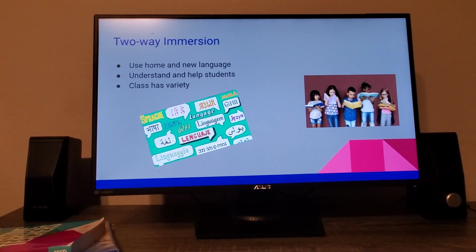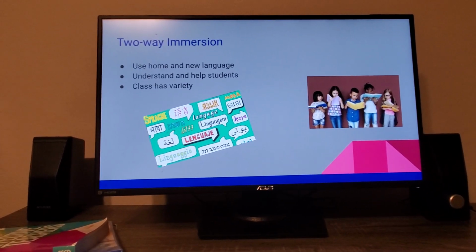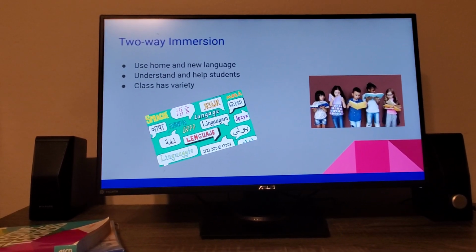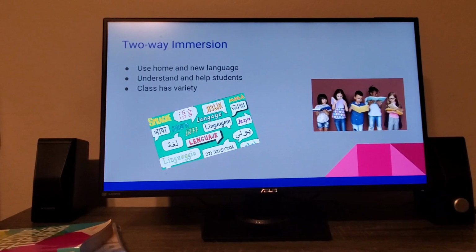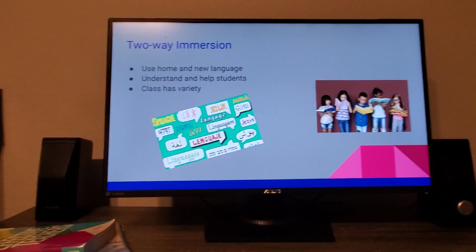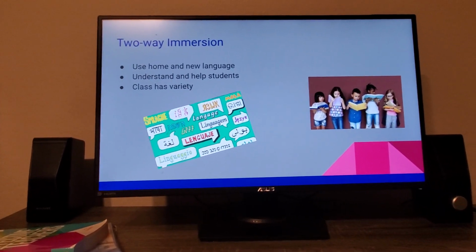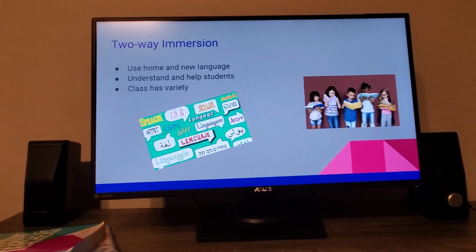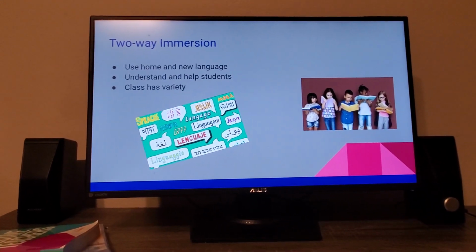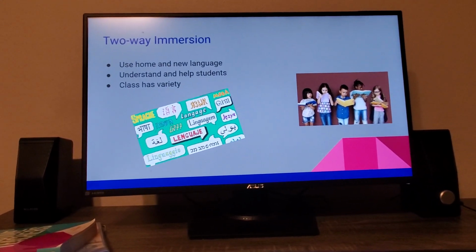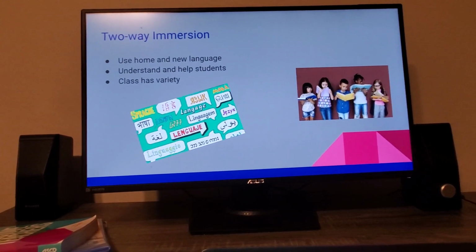And it can also have variety in the classroom, so you could have ELL and non-ELL students. So you can help both of them learn more together instead of keeping them separate and then ELL students slowly falling behind.